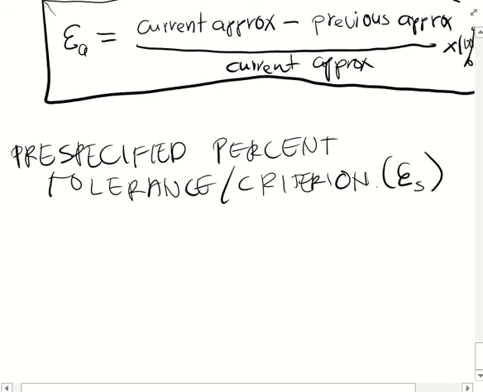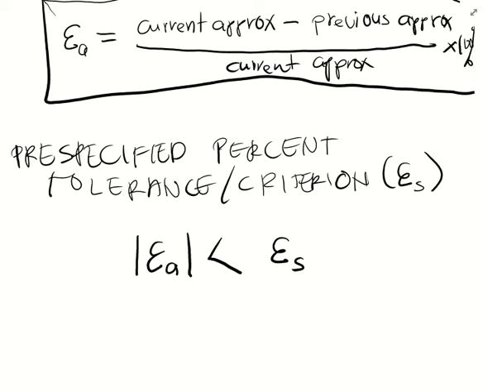We call it epsilon s. Some books use stopping criterion. It's the same. And when do we stop? We stop when our absolute approximate error is less than the stopping criterion, the pre-specified percent tolerance error. So if it's less, then we can now stop.